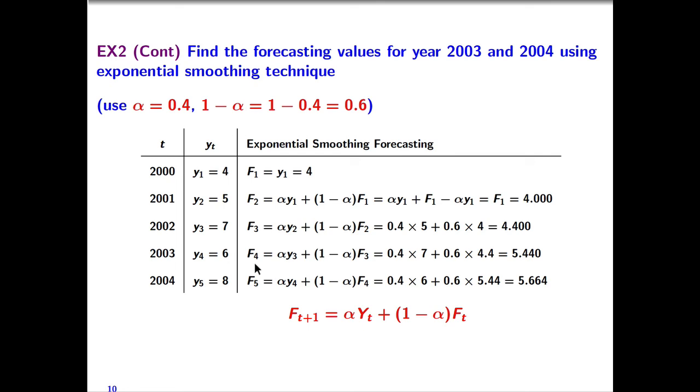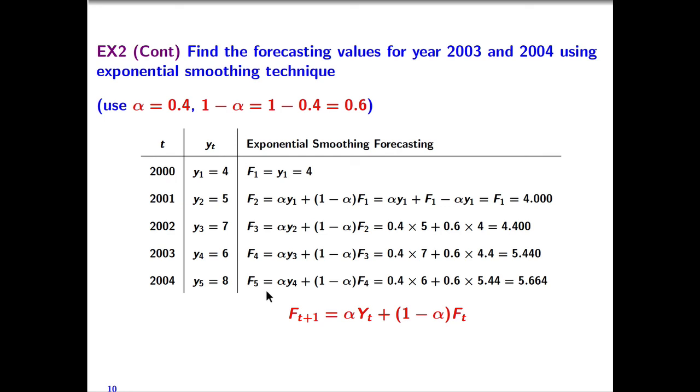Okay. You have F4 equals alpha times y3 plus 1 minus alpha times F3, which is 0.4 times 7, y3 is 7, plus 0.6 times 4.4. This is F3. So use your calculator. You will get the value 5.44.